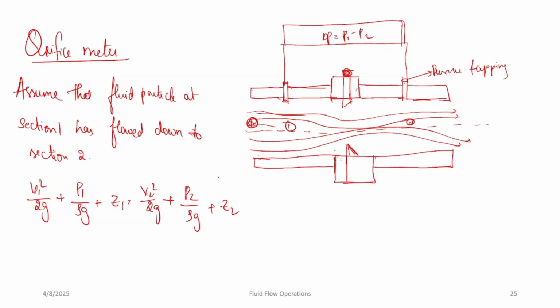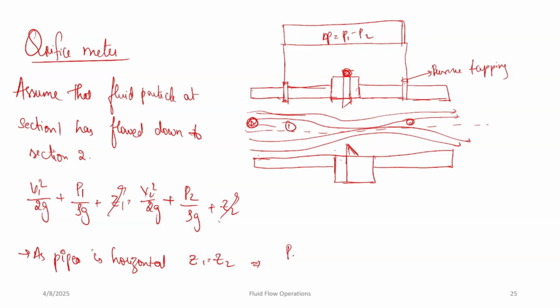Okay, so as the pipe is horizontal, Z1 will be equal to Z2, right? Okay, so these two get cancelled out.